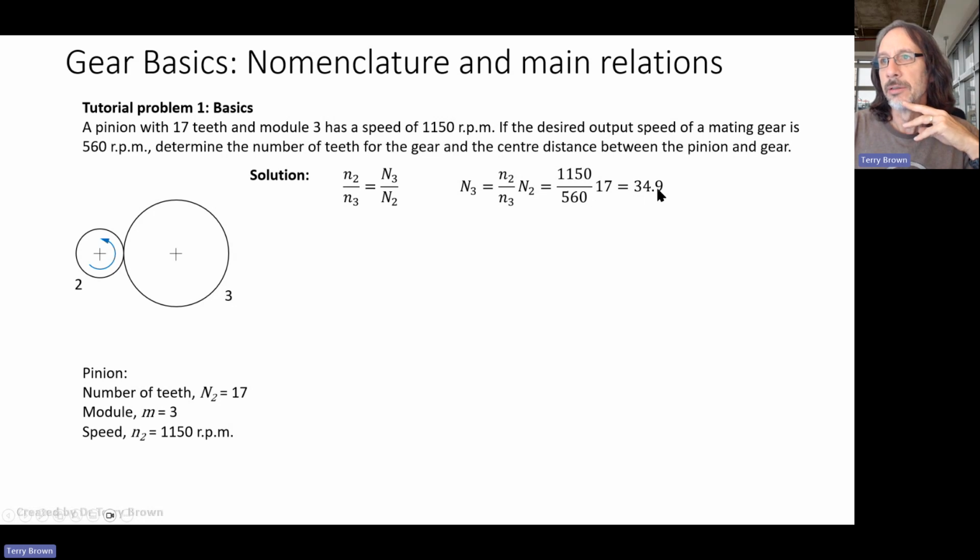Also, rounding up or down might give you an exact integer relationship. So 2 times 17 is 34, right? So if my answer had come out here to be 34.2, for example, I wouldn't have chosen a 34 tooth gear here, because I would have had an exact integer ratio between the two gears, okay?